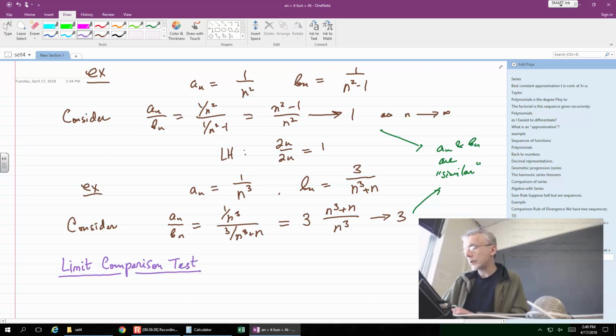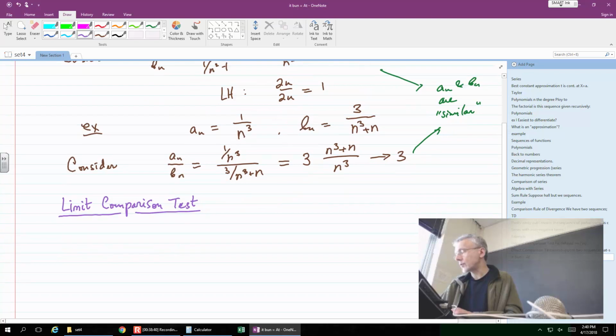So no inequalities this way. Direct comparison was about comparison through inequalities, and that's why it was called this way. And here we are comparing two sequences through the limit of their ratio.